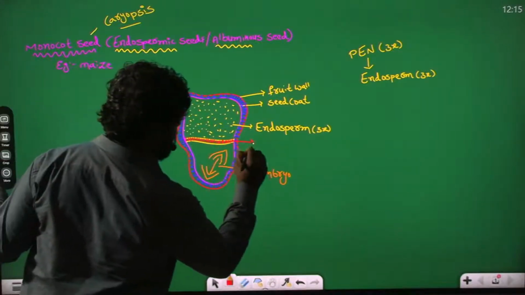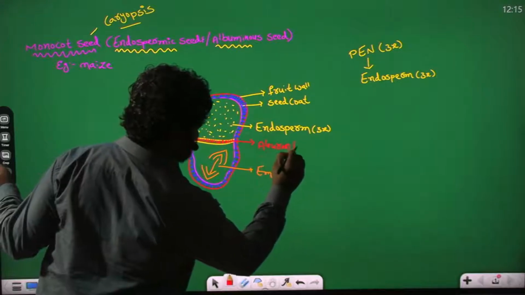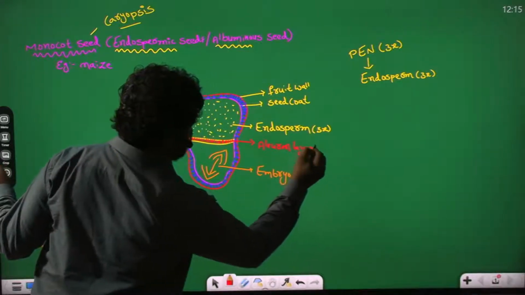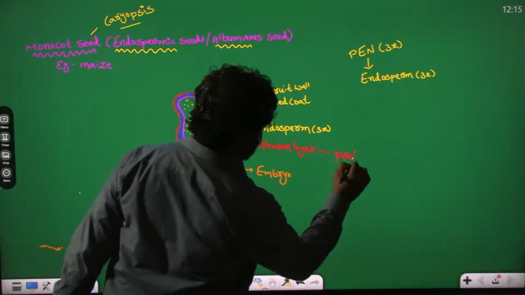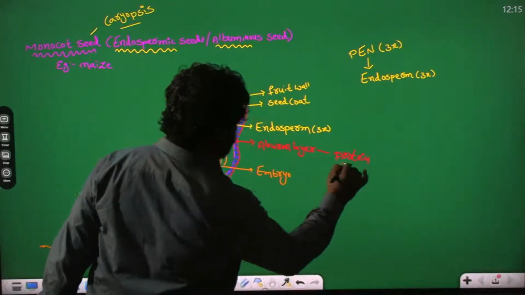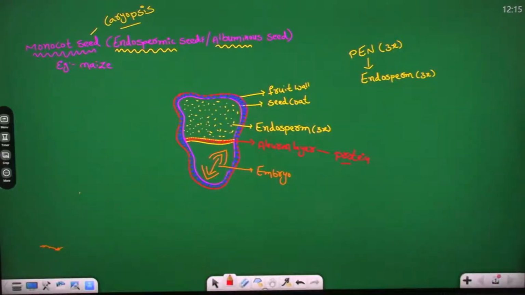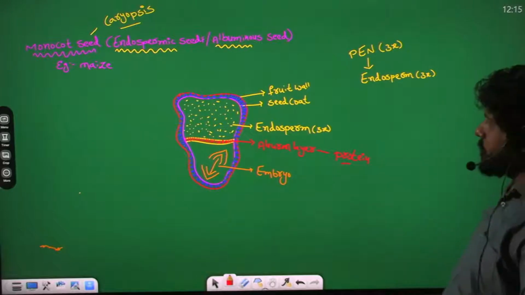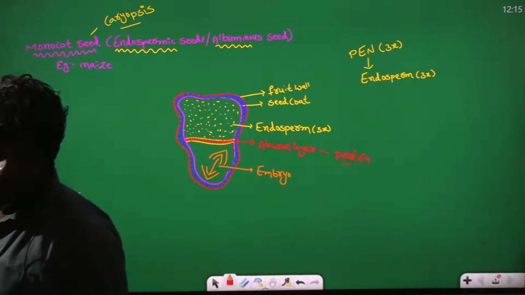That proteinaceous layer is called the aleurone layer. The aleurone layer is made up of protein.